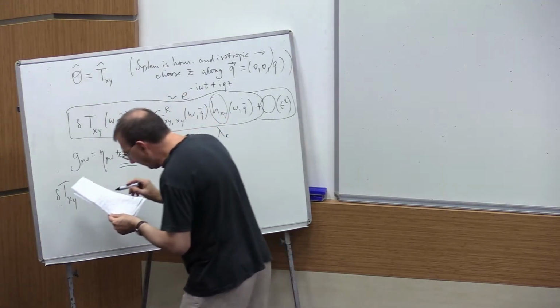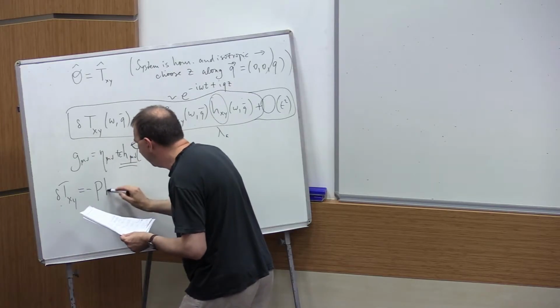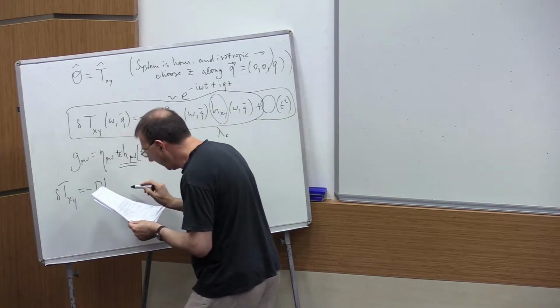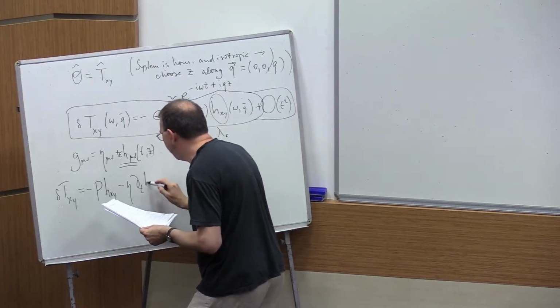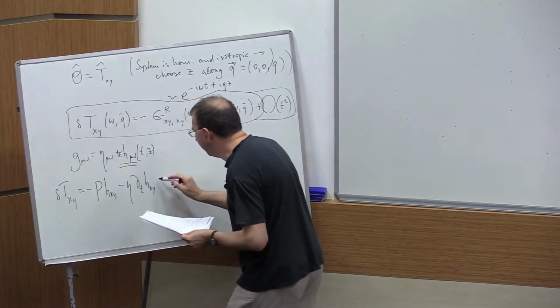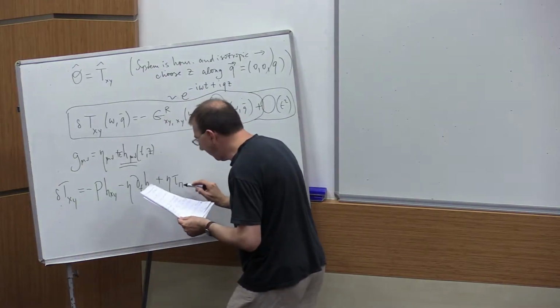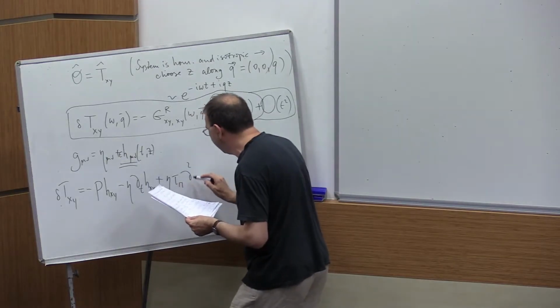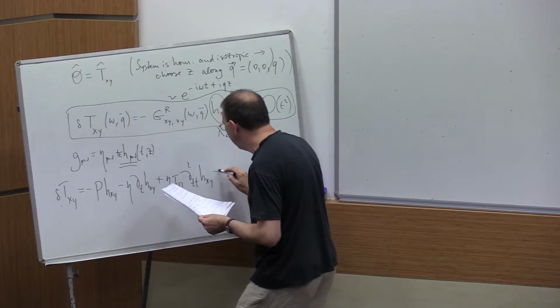So it will have the following form: minus pressure times hxy, minus shear viscosity times the derivative of hxy with respect to time, and then there will be other coefficients. I will write two of them, although we won't really need them, just to illustrate that this is an infinite series, and you can continue this.